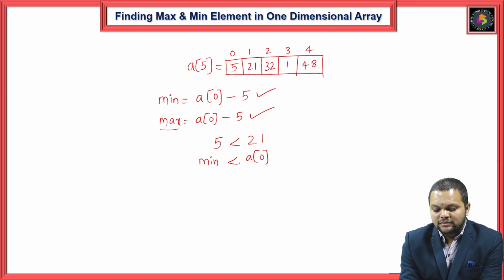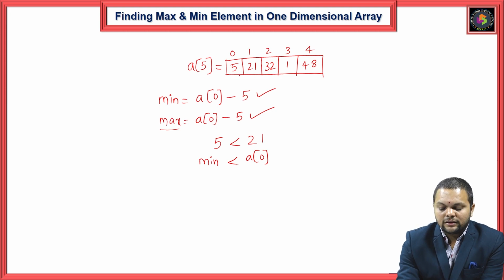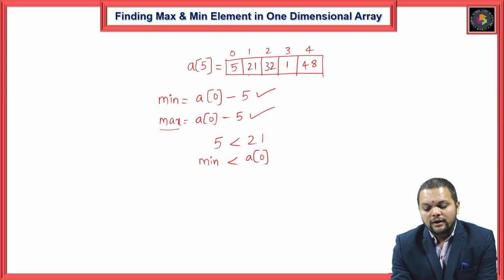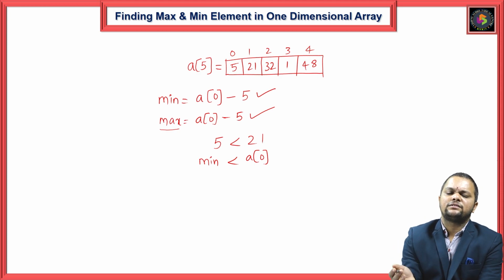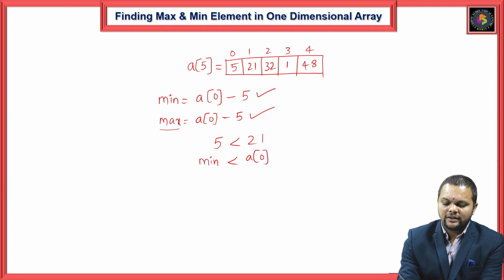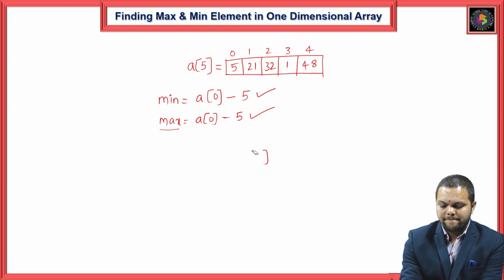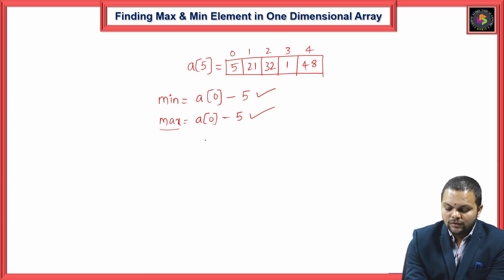See, I am checking whether I am having an element which is less than 5 or not. So 5 is not less than 21. It's nothing but 21 is greater than 5. We can say it in both ways. I'll give it to you this way. Look at this.